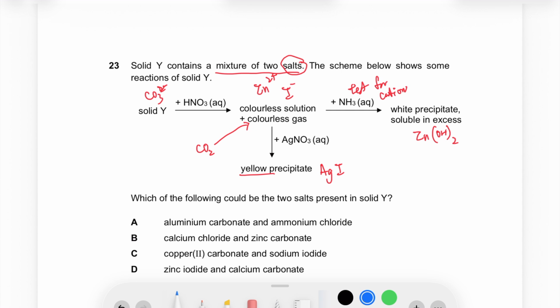You need to have iodide, zinc ions, and carbonate ions. So by elimination, the answer will be D. This is under your qualitative analysis.